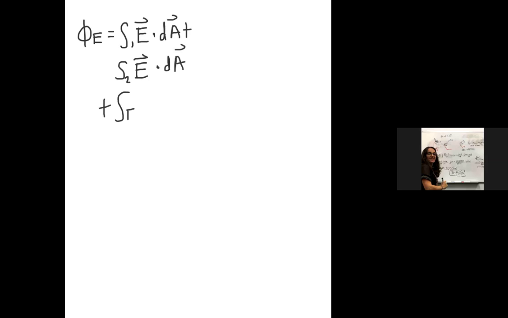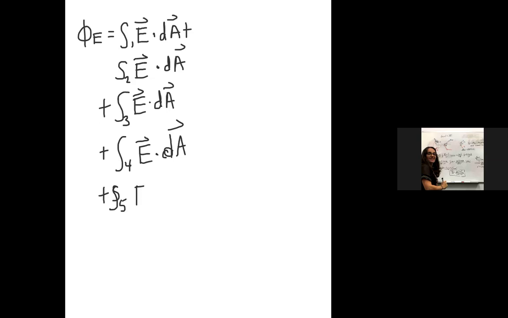All right, so what is the total flux? Well, it's going to be the flux for area 1, E dot dA, plus the flux for area 2, E dot dA, plus the flux for area 3, E dot dA, plus the fourth face, E dot dA, plus the flux 5, E dot dA, plus the sixth one, E dot dA.